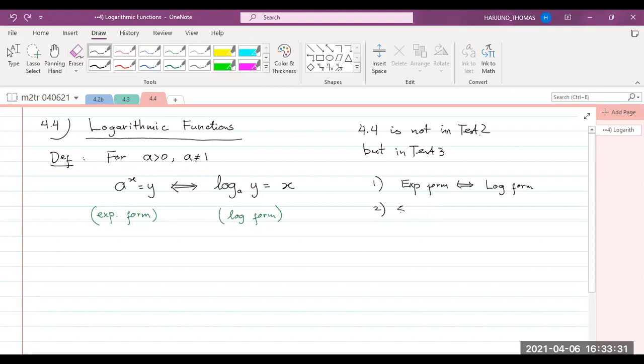Solving simple log equations. In there we will also see some basic properties of log. And then we will learn to sketch the graph.